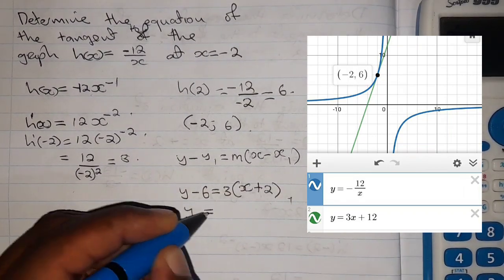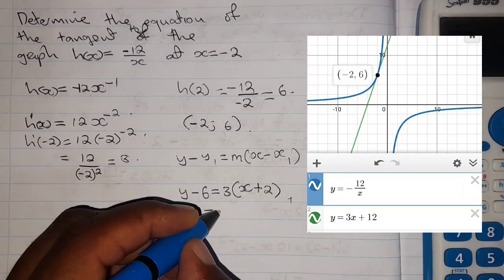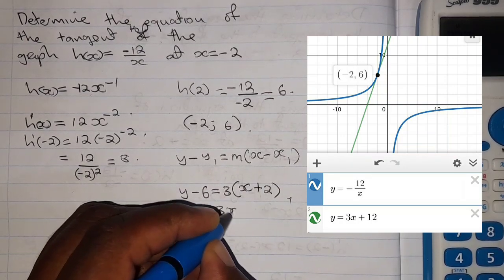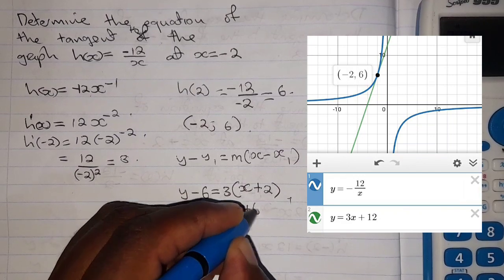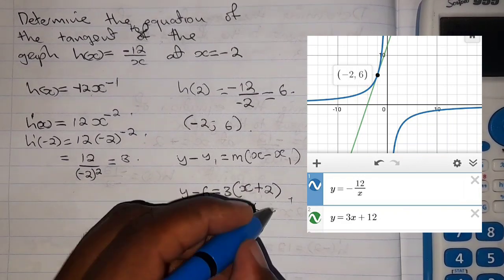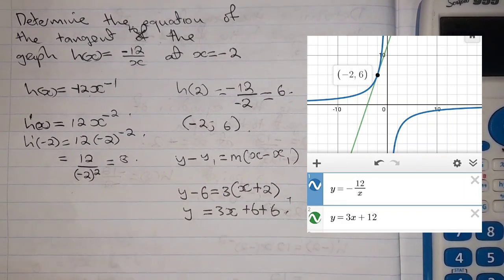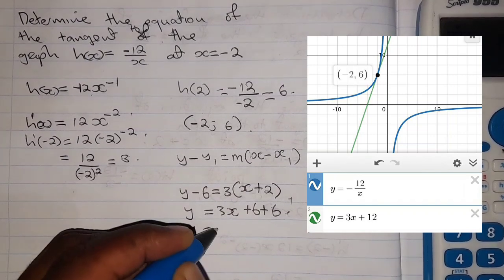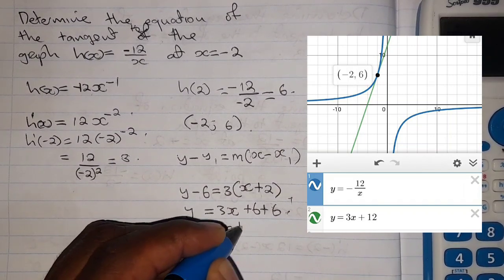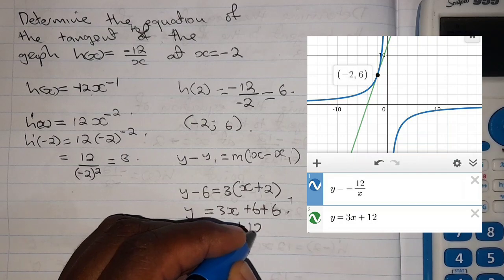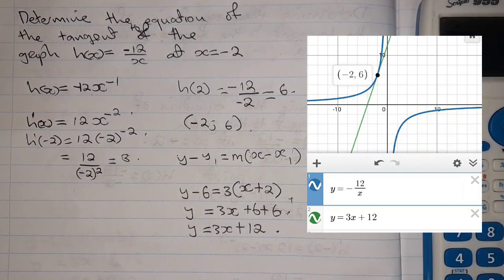So y is equal to 3 and x, that gives us 3x, 3 and 2 gives us 6, and the negative 6 gives us a positive 6 this side. So your y would be 3x plus 12.